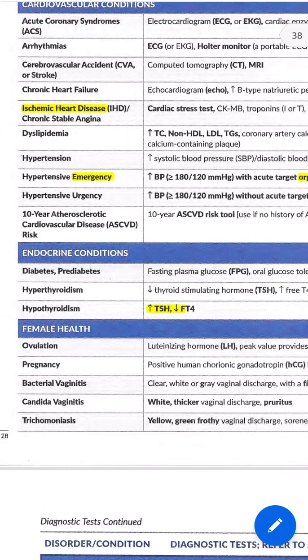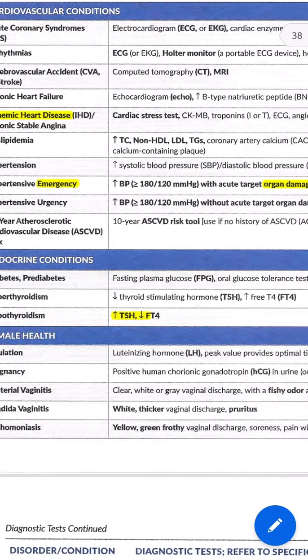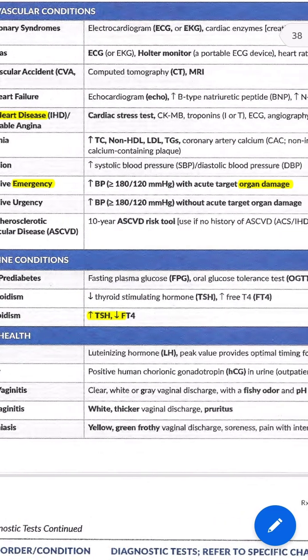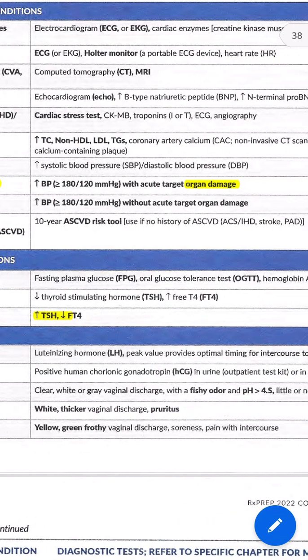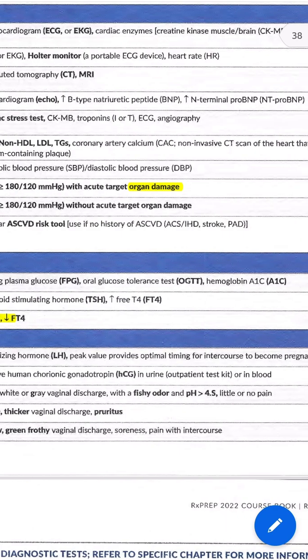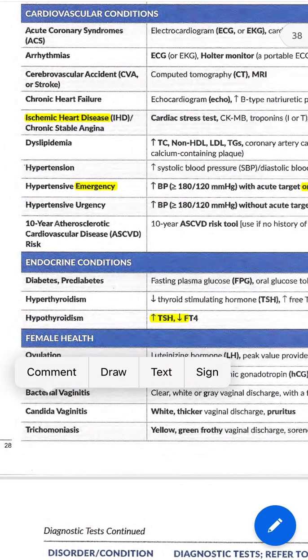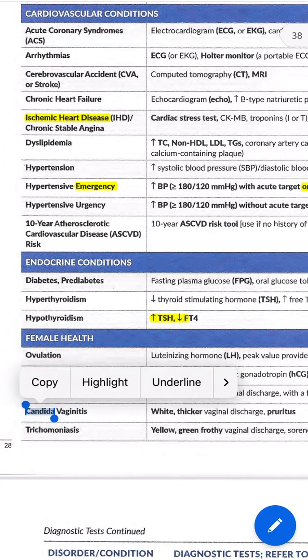Bacterial vaginitis: you can see clear, white, or gray vaginal discharge with fishy odor and pH more than 4.5, little or no pain. So this is bacterial, but this one is Candida.